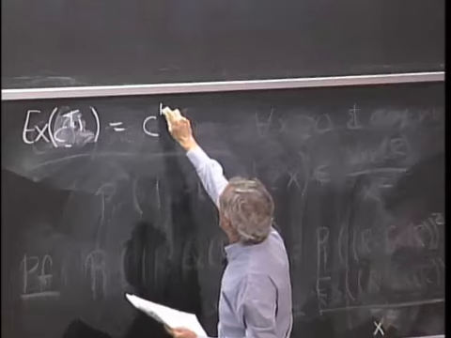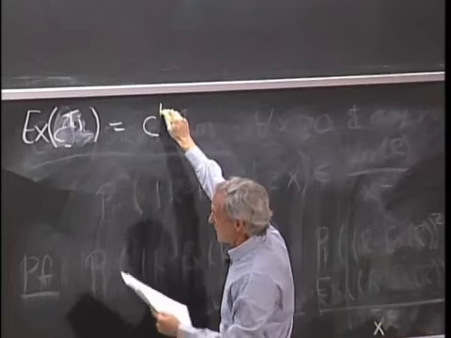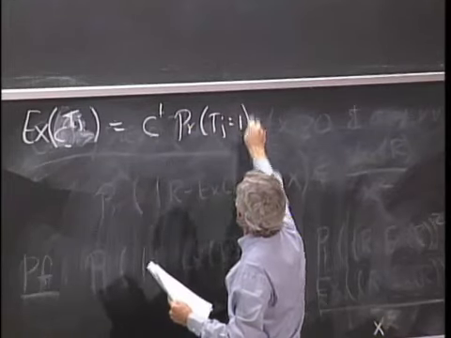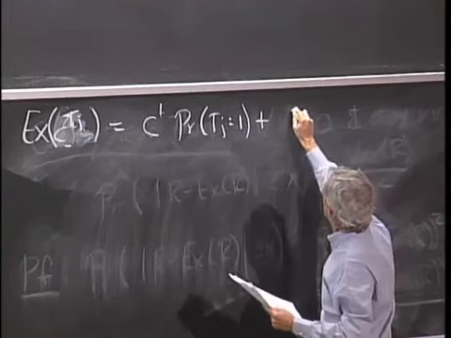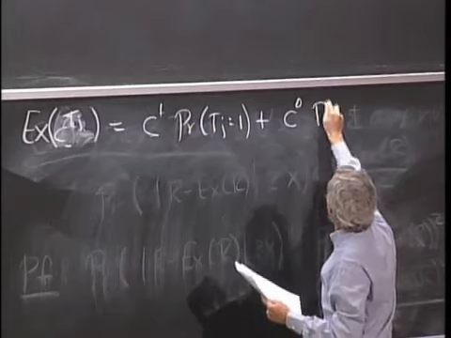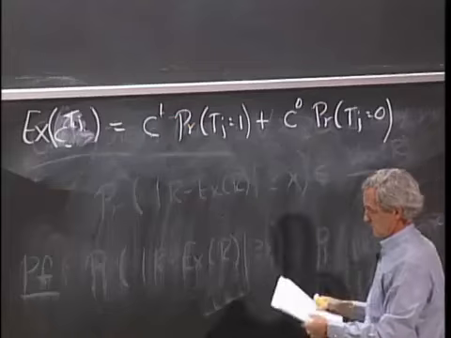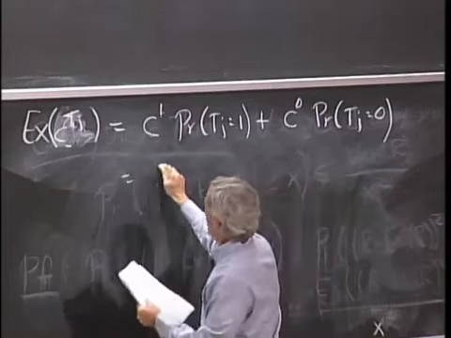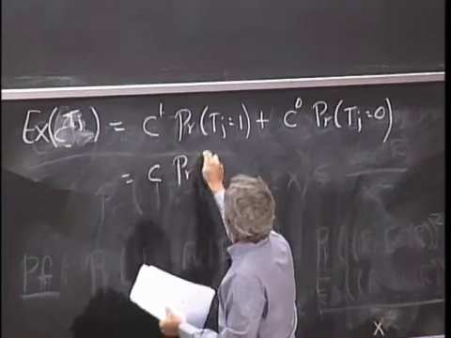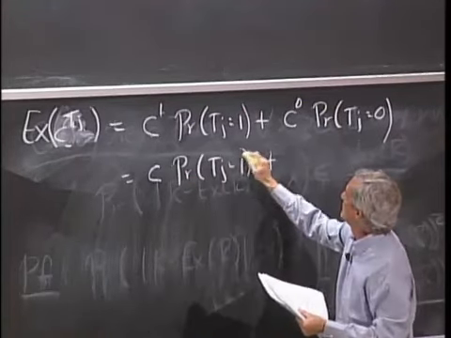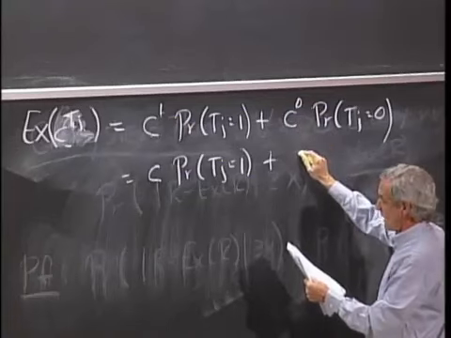It could be 1, in which case I get a contribution of c to the 1 times the probability tj equals 1, plus the case at 0. So I get c to the 0 times the probability tj is 0. Well, c to the 1 is just c. C to the 0 is 1.